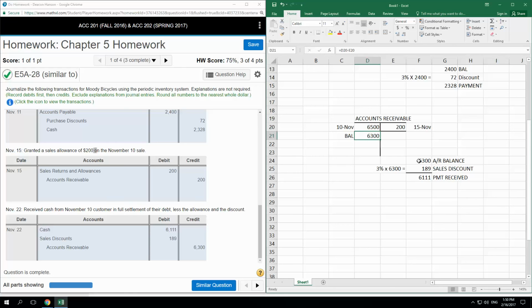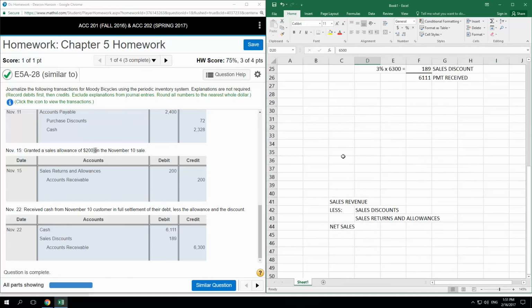So that's why I did this, right? The balance minus the return is 63. So we computed the 3% discount on 63, not on 65, because they don't owe 65, they owe 63. And then after the discount, they only owe 611. But the sales allowance of $200, that's not reflected in that final chart I'm making over here.